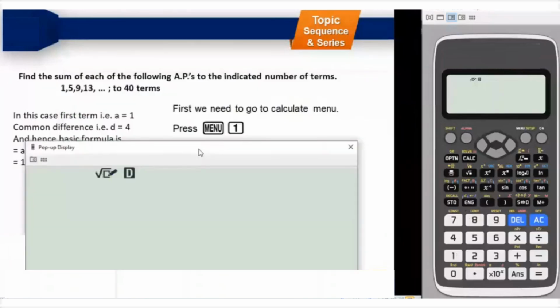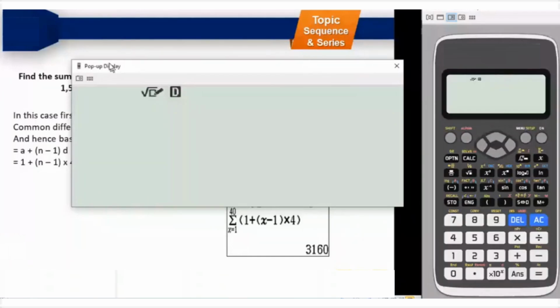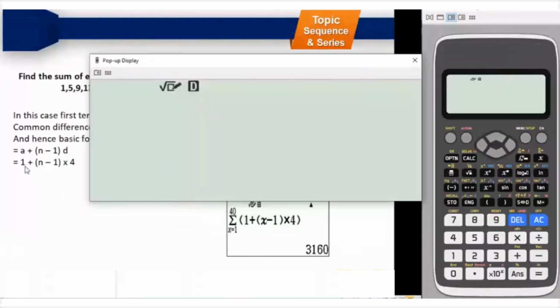You also realize that this particular series is once again an arithmetic progression because there is a common difference of 4. First term is 1, common difference is 4. So please note that a is 1, that is the first term, and the common difference is 4. I have the equation of the series with me.